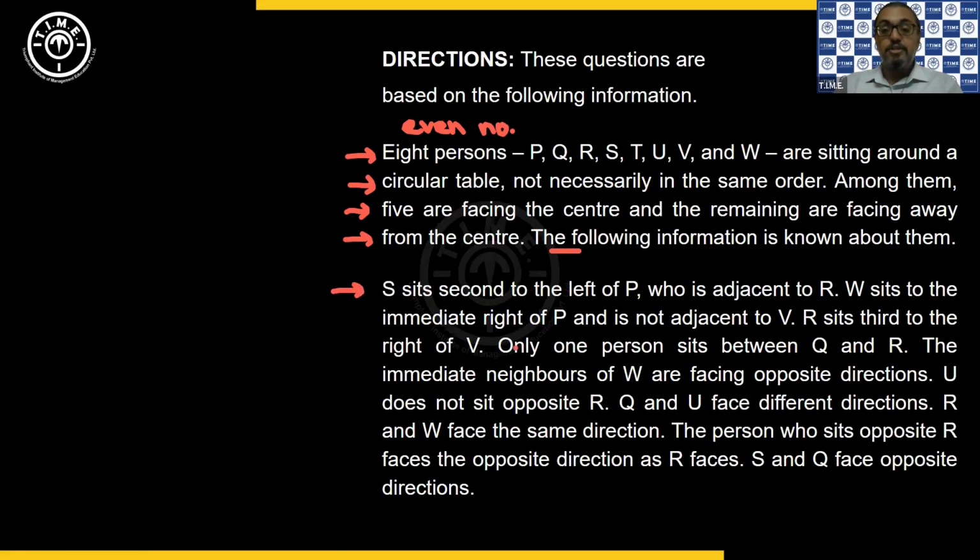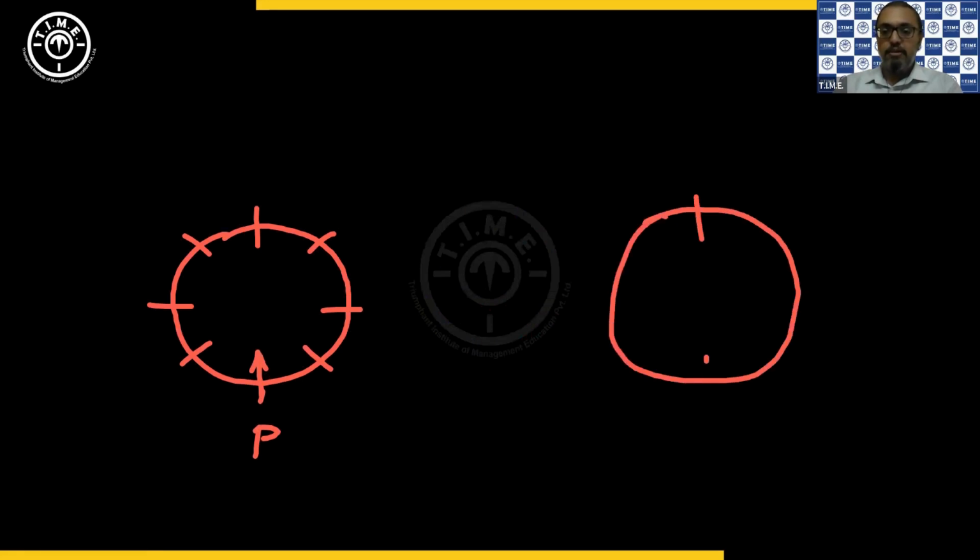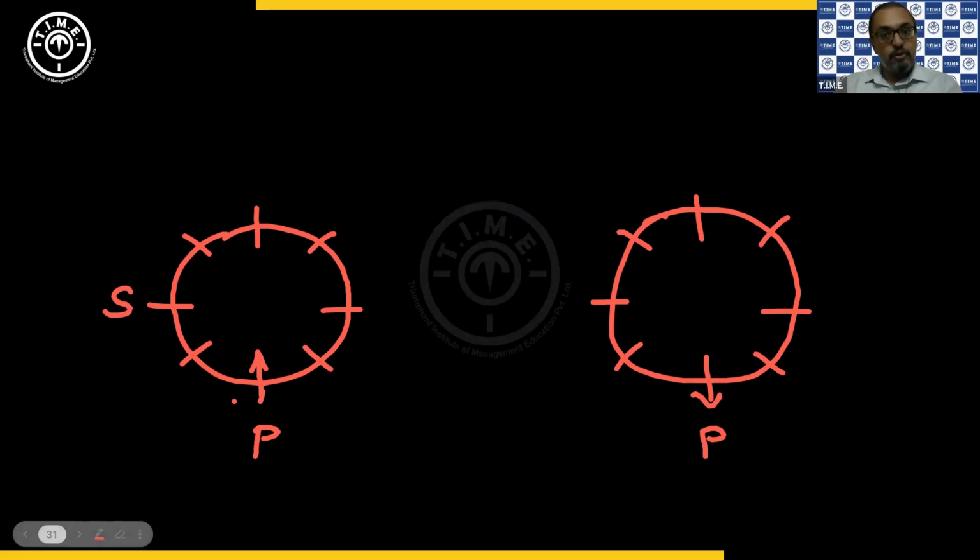Now let's see. The following information is known. S sits second to the left of P, who is adjacent to R. If S has to be second to the left of P, P can be facing the center, and we can straight away take one more case where P is facing away from the center. For towards the center, it is clockwise, second position.